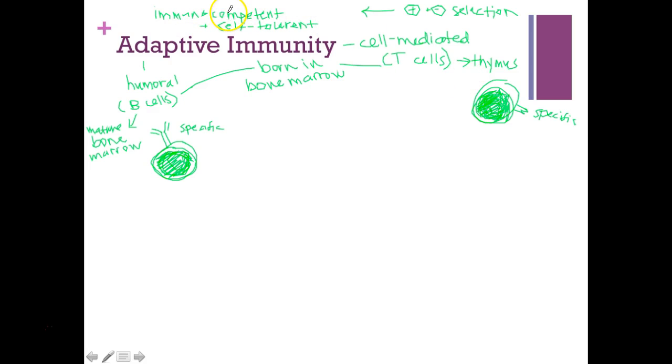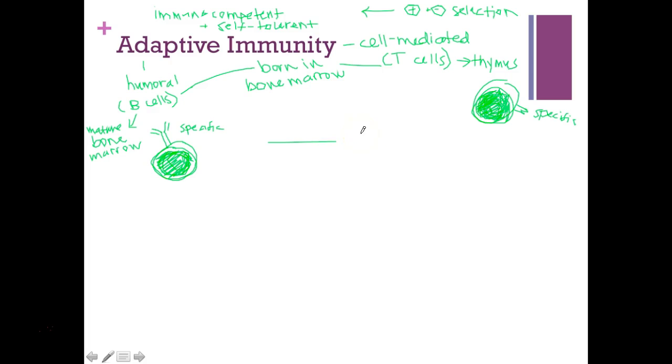Immunocompetent cells are going to bind to pathogens that are bad and attack them. Whereas self-tolerant means if they try to bind to our body cells, they're going to recognize, hey, I don't need to bind to my body cell because I'm not an enemy with myself. I'm an enemy to the pathogens. So that's what those two terms mean. We'll talk more about them in class. And I know I keep saying that. I got to stop.